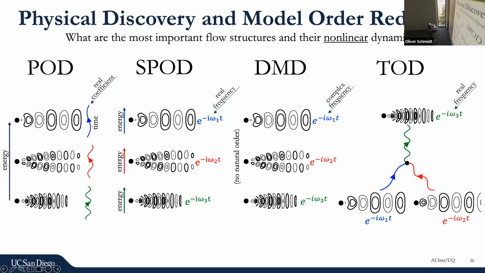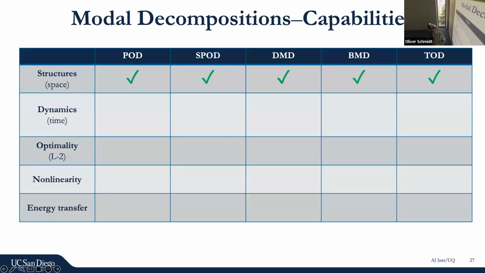But now we extended this to the triadic orthogonal decomposition, which gives us a lot more information and is specific to the Navier-Stokes. To put it into perspective, here's my little overview table of modal decomposition capabilities. All of them give us spatial structures, otherwise they wouldn't call it modal decomposition, because these are the modes.